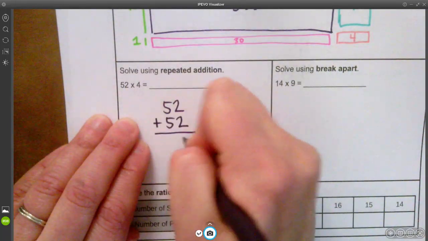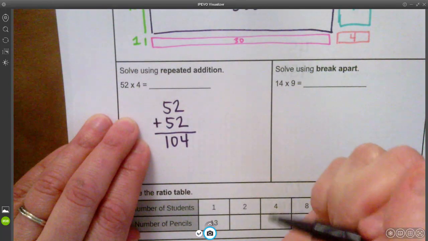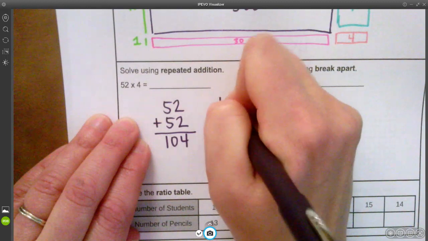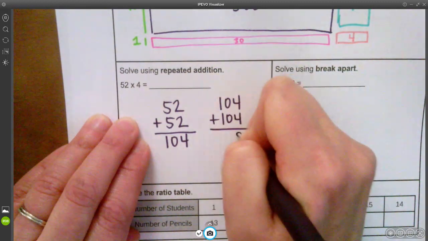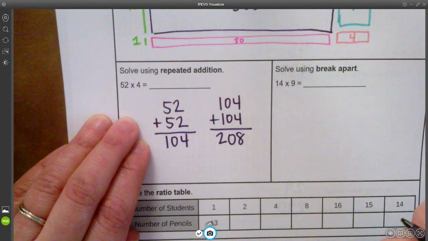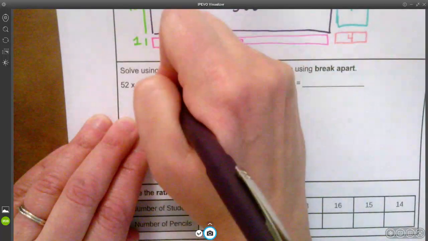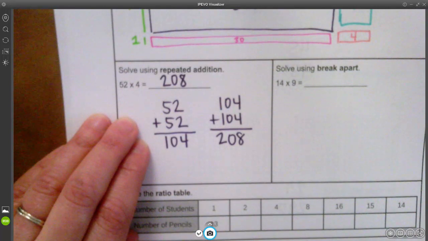So I get 104, but that's only 52 2 times. I need 52 4 times, so I need to double that. You also could just do 52 plus 52 plus 52 plus 52, and you'd get 208 as well. Either way is fine, as long as you do addition of some kind.